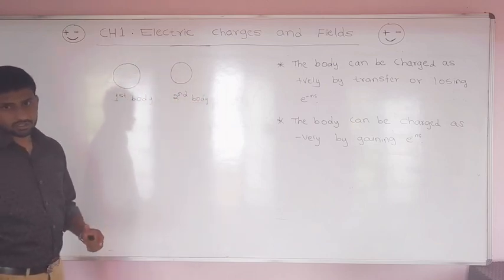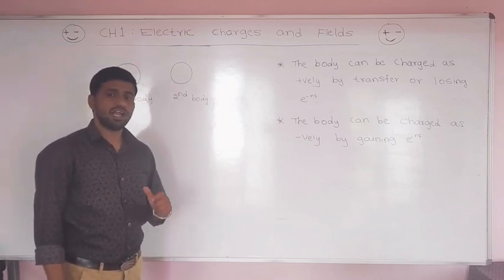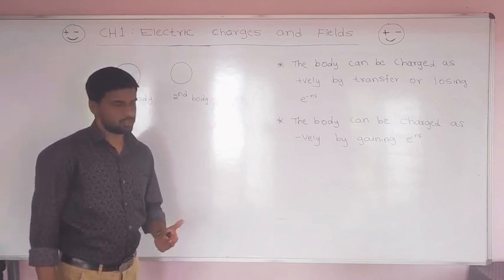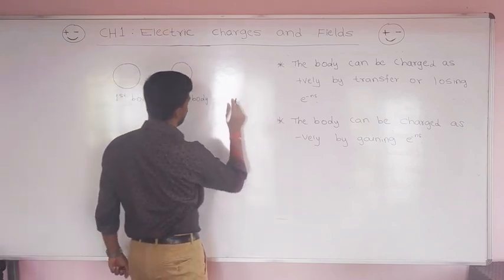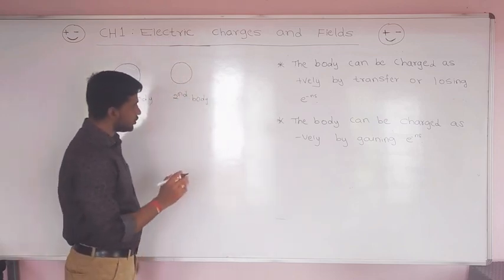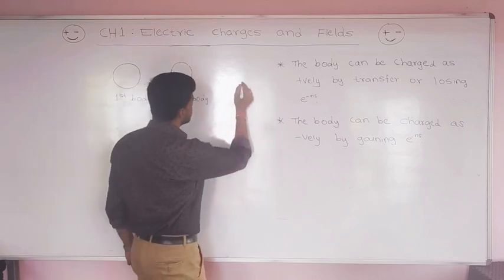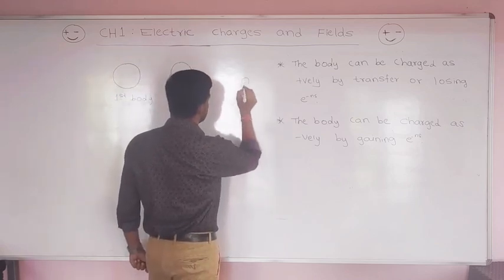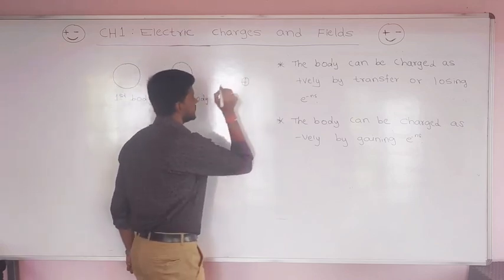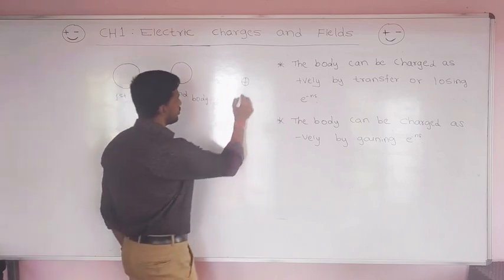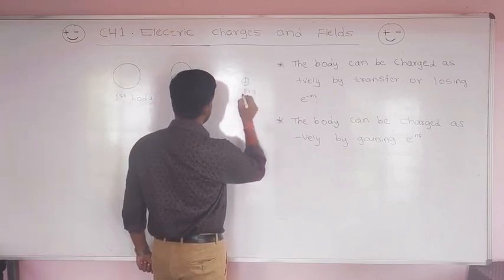Actually, solids consist of lightly bound electrons. What is the meaning of that? You know the idea of the atom. An atom consists of a central core called the nucleus, which is positively charged and has protons and neutrons.